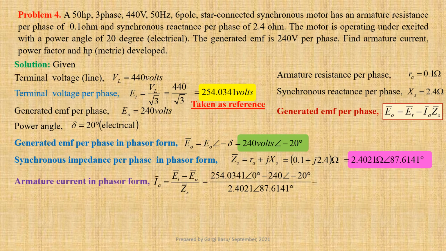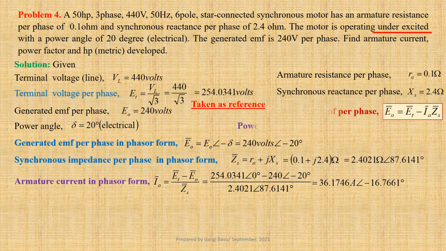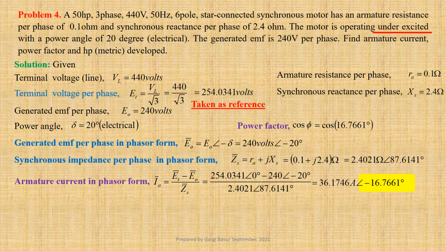That gives us 36.1746 ampere at an angle minus 16.7661 degree. Since the motor is underexcited, power factor cos phi equals cos of 16.7661 degree equals 0.9575 lagging.